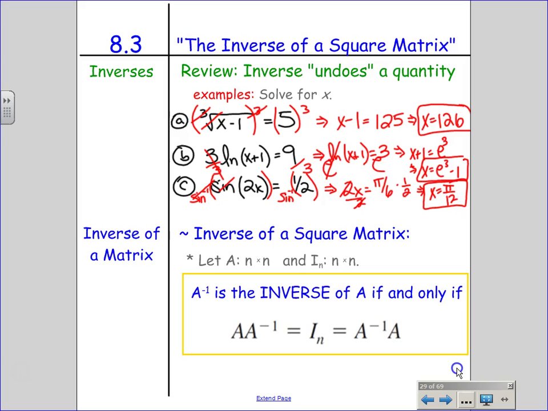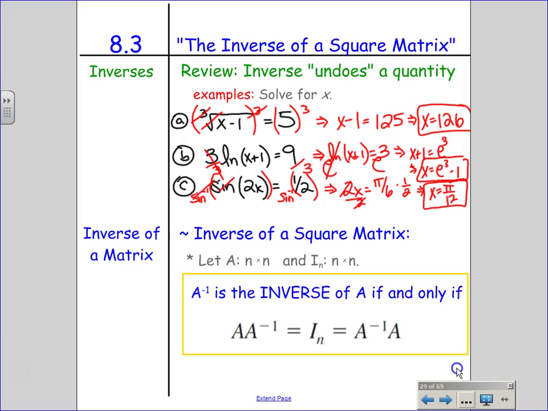Because there is a special case where A times B will be B times A, but only when you're multiplying a matrix with its inverse or an inverse with its matrix. And in order for multiplication to work both ways, it has to be a square matrix. Because only a 3 by 3 times a 3 by 3 will work either way. Only a 2 by 2 times a 2 by 2 will work either way. So there's a few reasons why only square matrices can be inverses.